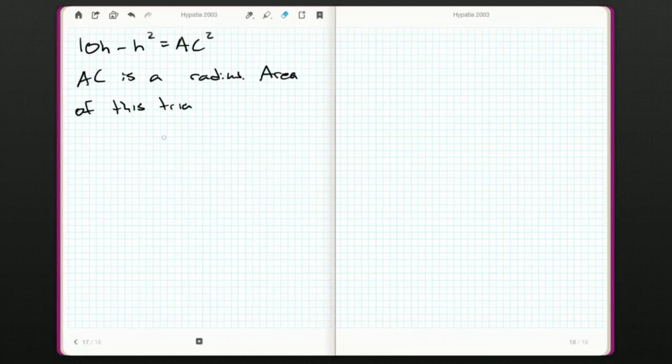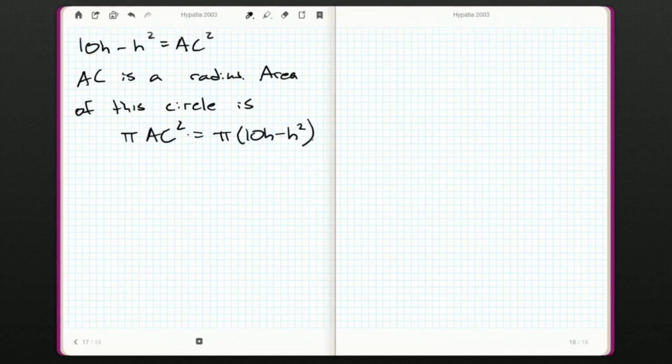So the area of this circle coming from when we cut the sphere with the horizontal plane. I could square root this expression and get a value for AC, but if I'm comparing areas, it's pi times the radius squared. Well, what's the radius? AC. So pi AC squared. So pi times 10h minus h squared.